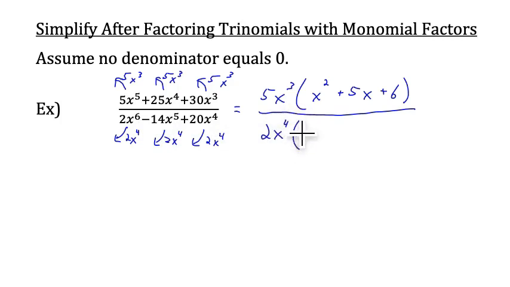So we're dividing out a 2x to the 4th power, and what's left over in there is x squared from the first term, negative 7x from the second term, and 10 from the third term. Now it looks like if these trinomials are factorable, it'll be much easier to find those factors.